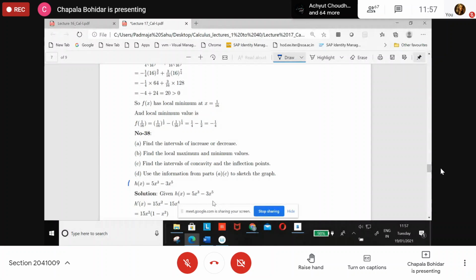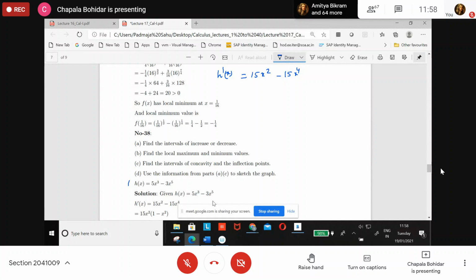So find out first your critical points. For increasing and decreasing cases, you have to find the critical points first. Find f dash x, which is equal to 15x square minus 15x to the power 4.